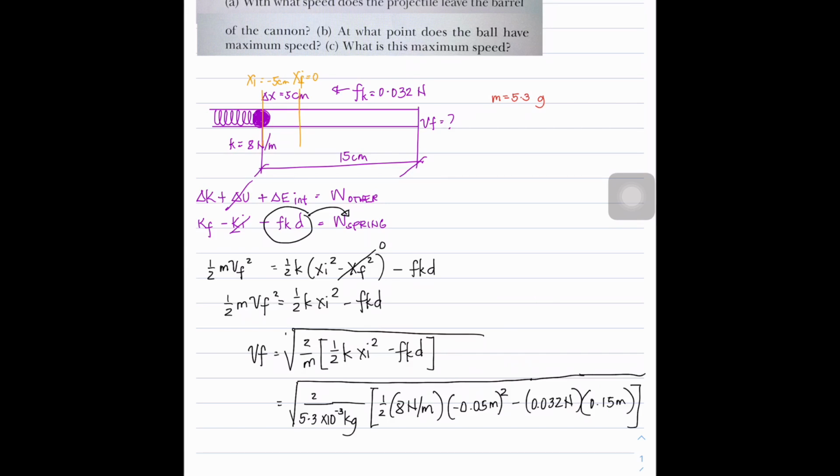Solving that, we have Vf as 1.4008 meters per second.